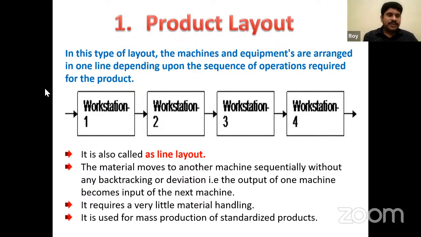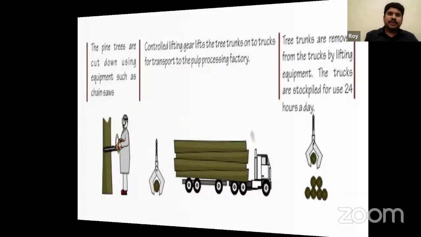Okay, you understood? Is it clear? Yes or no? Yes, sir. Okay, right. Now let's go to another type of layout. Again, I'm telling you, product layout means all the machines are arranged in one line. And if mass production, more production is happening, it will run in the production.